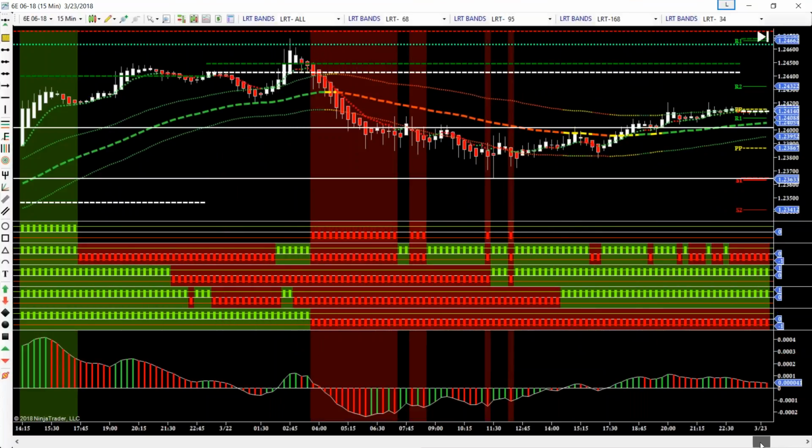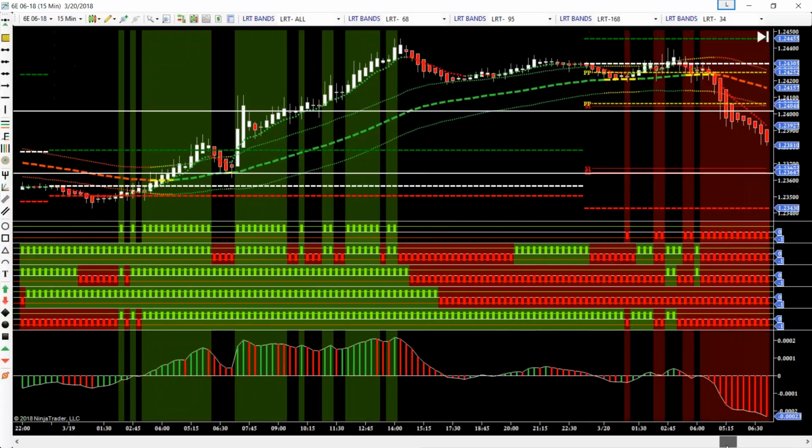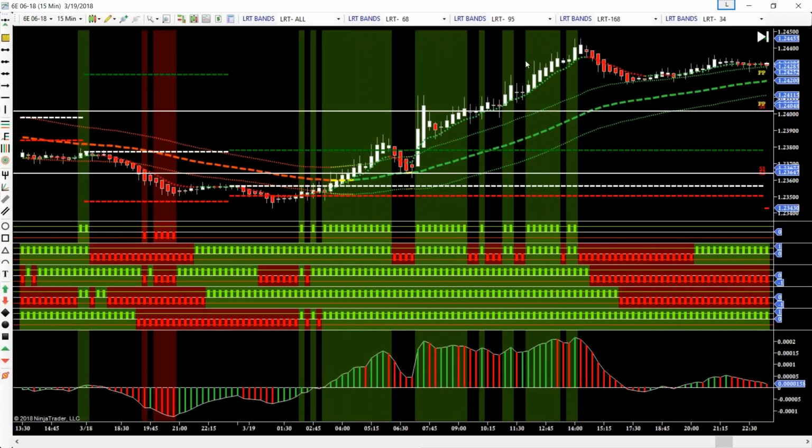Again, when you can put this together with weekly, daily, 60/15, then you have yourself a little strategy. Put it together with your other technical analysis, whatever you use.